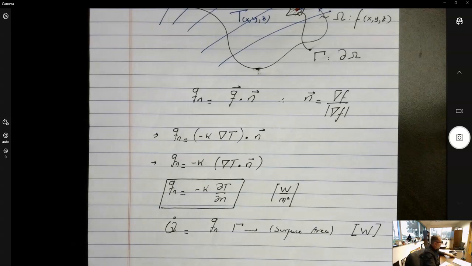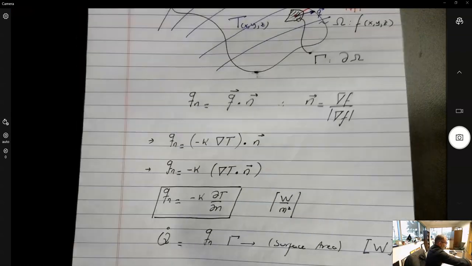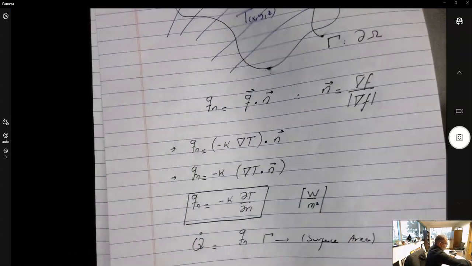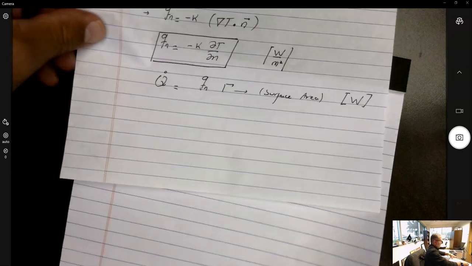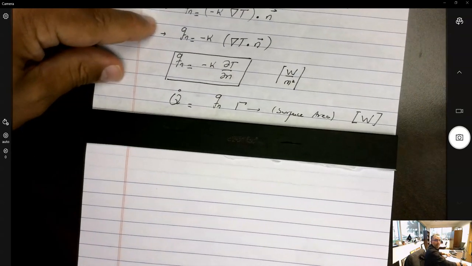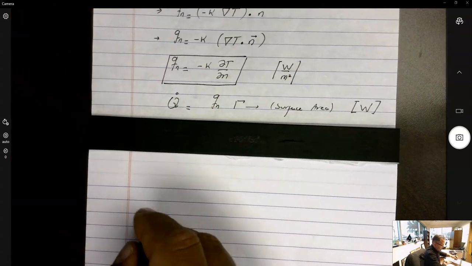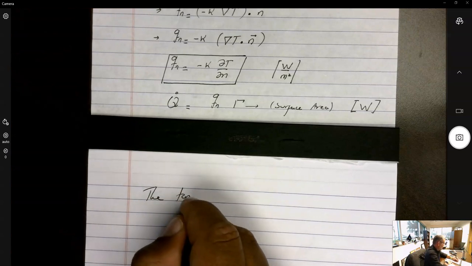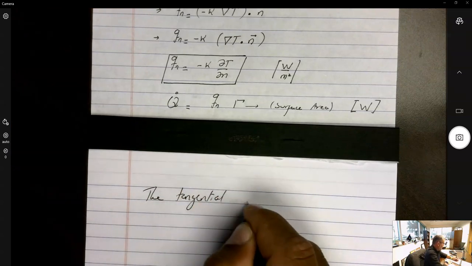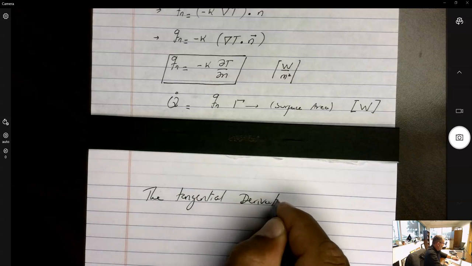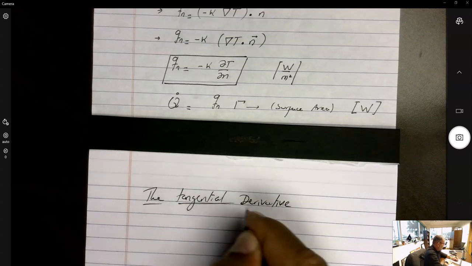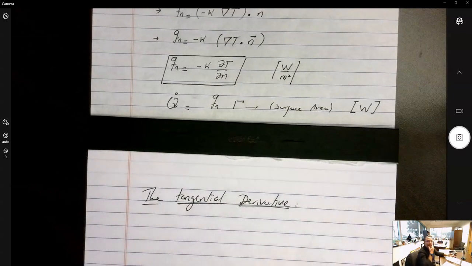So let's look at another concept, and that is the concept of the tangential derivative. So now we know that we can calculate the normal derivative by basically calculating a directional derivative in a normal direction to a surface.